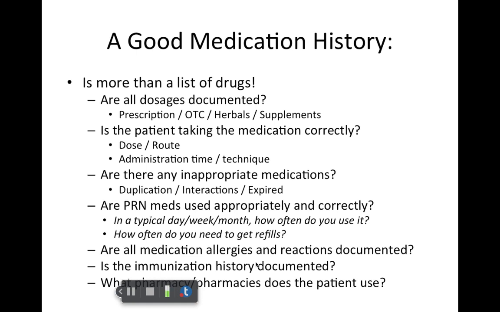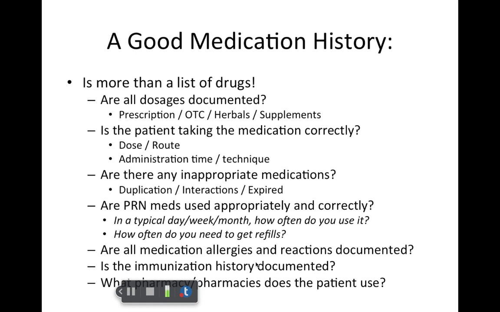It assumes that just because a drug is on the list, patients are taking it correctly. And by correctly, maybe they're taking it at the right time, or maybe the technique is off. Think about somebody who's using insulin incorrectly, giving it at the wrong time, or maybe not even injecting it correctly. That's not going to help them very much.